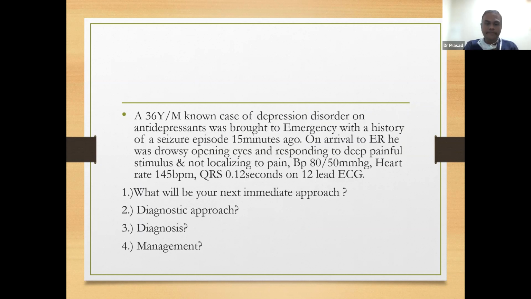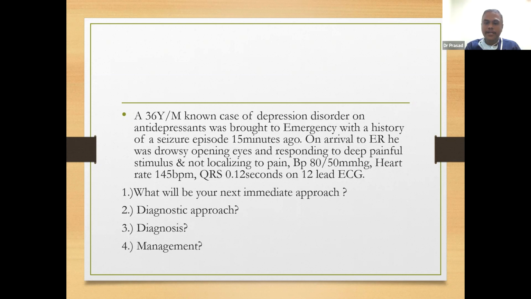Just a case scenario, I have made up this case scenario. A 36-year-old male, a known case of depressive disorder on antidepressants, was brought to the emergency with a history of seizure episodes 15 minutes ago. On arrival to the ER, he was drowsy, opening eyes and responding to deep painful stimulus, not localizing to pain.